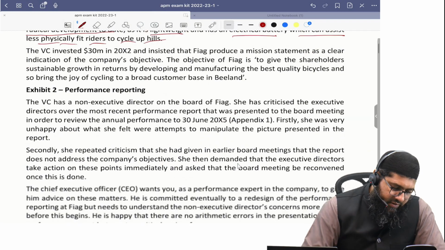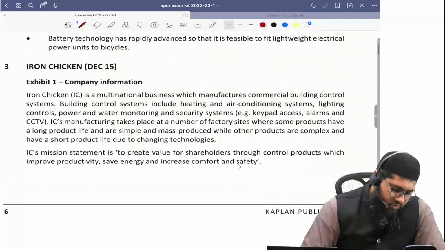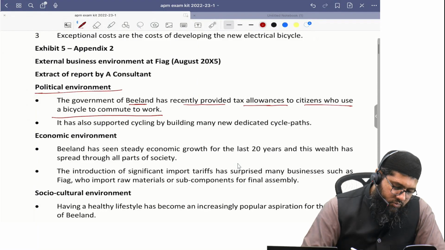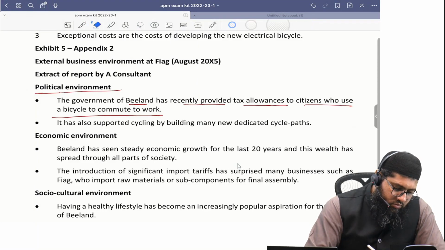Now coming back to it, how would it impact? This would have a significant impact.